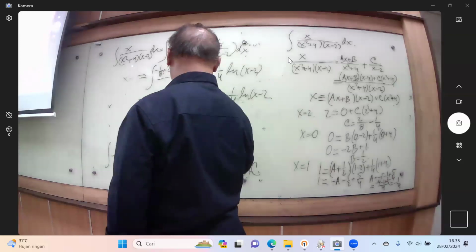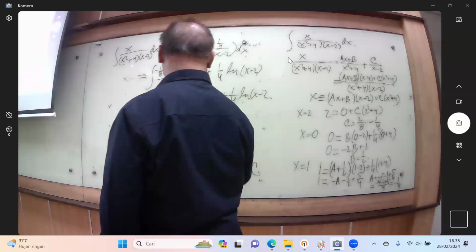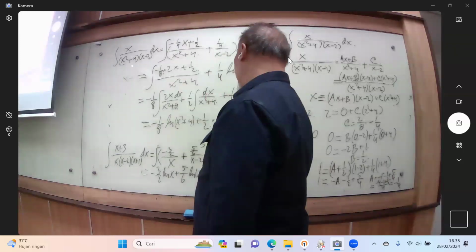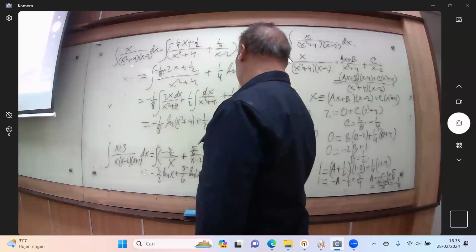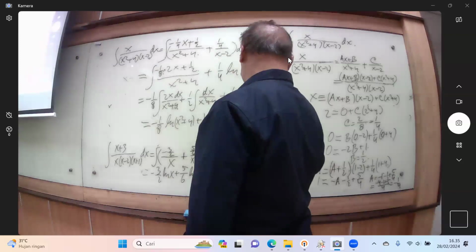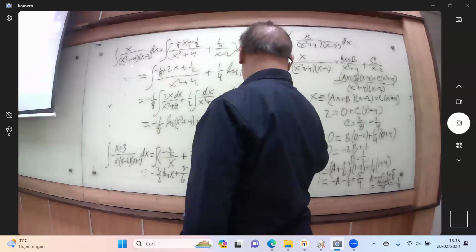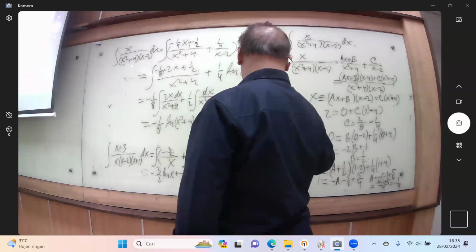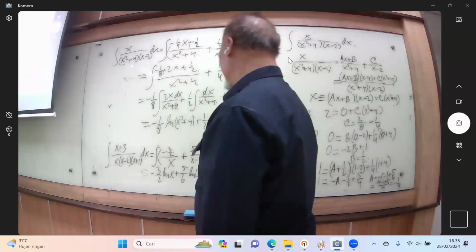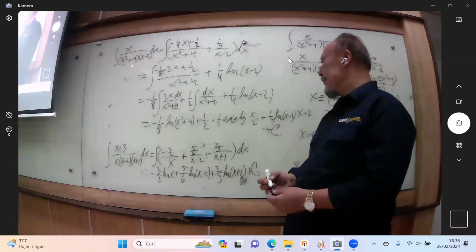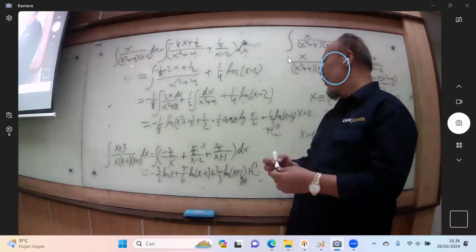And plus half integral of dx divided by x squared plus 4 is half arctangent of x divided by 2, plus 1/4 ln of x minus 2, plus c.